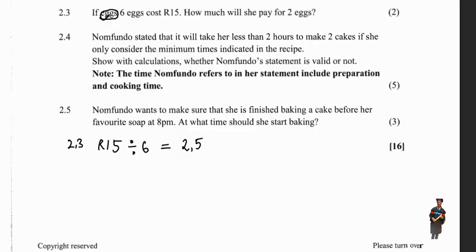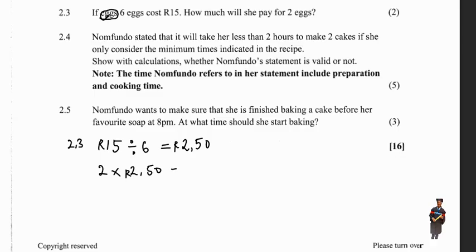It means that each x costs 2 rand 50. Okay, and then we want 2x, so we simply say 2 multiplied by 2 rand 50.